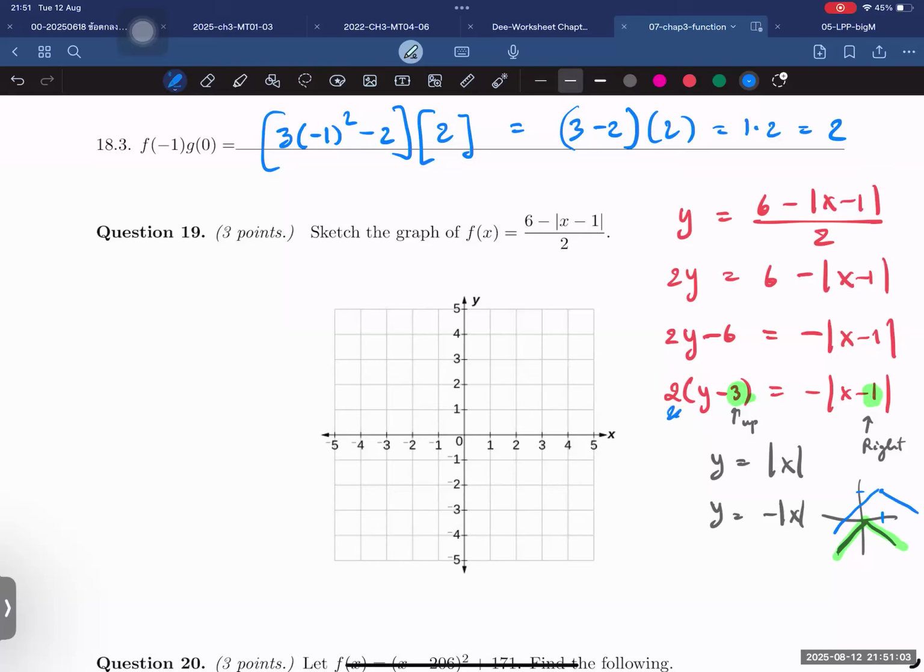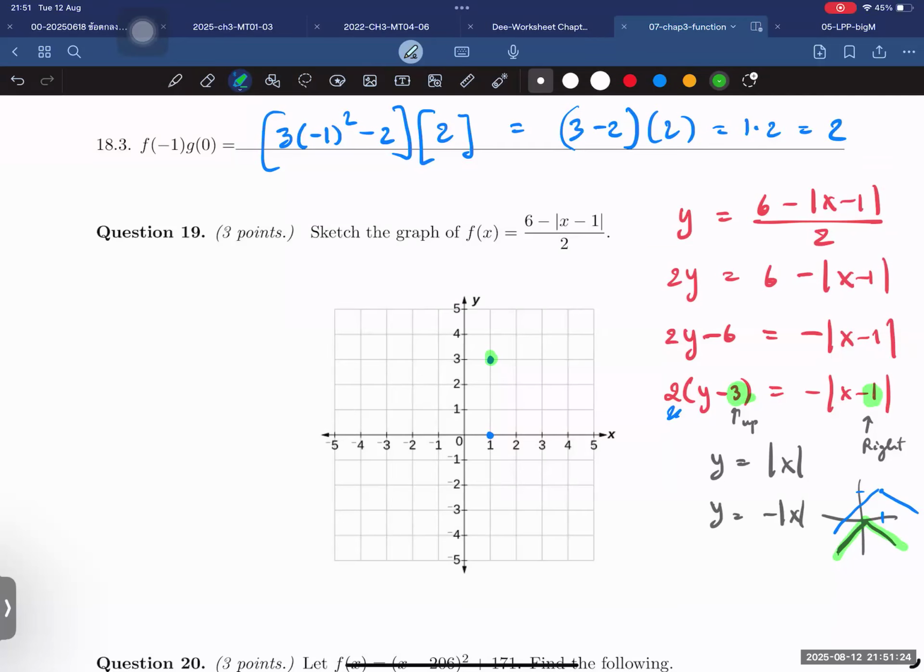And the 2 here is just a modification of the graph. Okay, so basically you're going to shift the graph to here's 1, and the vertex is going to be 3 right here. So the top vertex should be right up here.